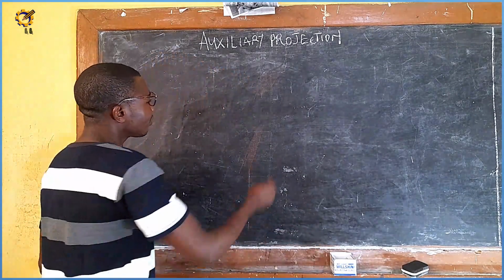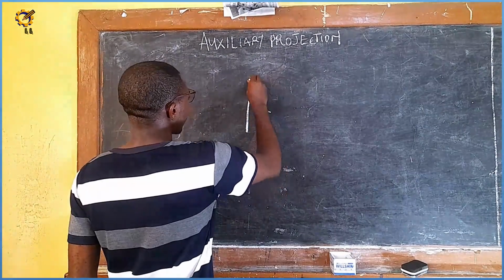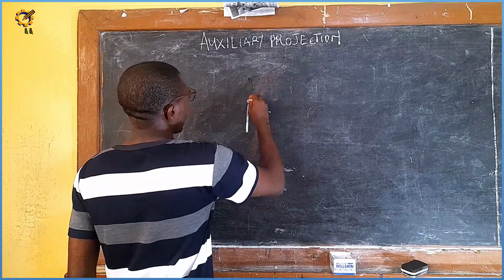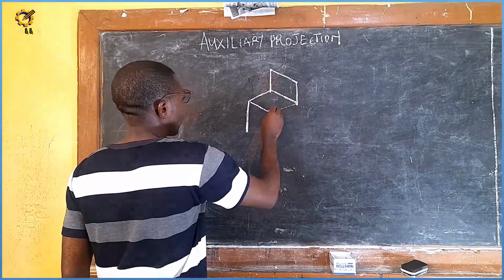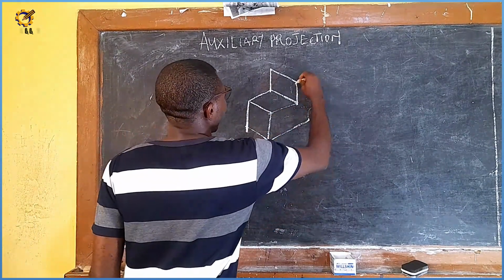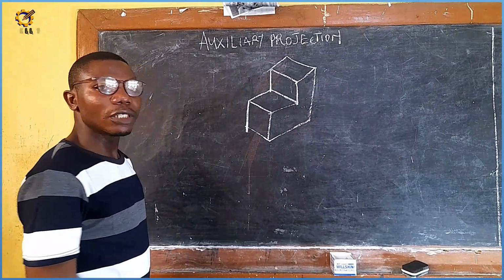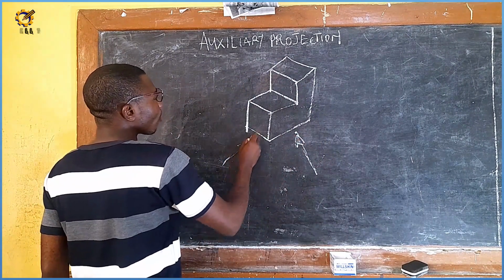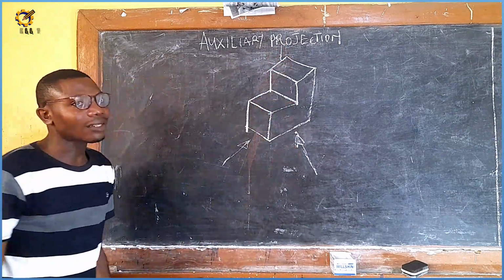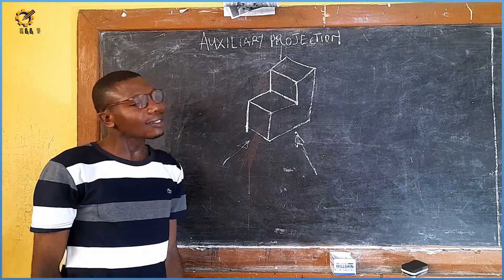Take a look at this object on the screen. In orthographic, I will be required to produce this view, or the plan view. Either of those three principal views. But in auxiliary, that is not the case.